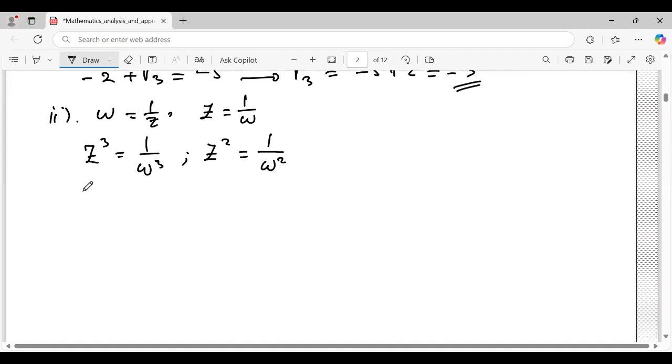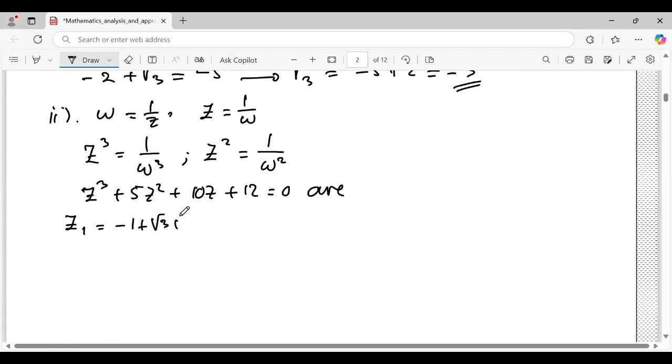The roots of this equation, c cube plus 5c squared plus 10c plus 12 equals 0, are: z1 is -1 plus square root 3i, z2 is -1 minus square root 3i, and z3 equals -3.